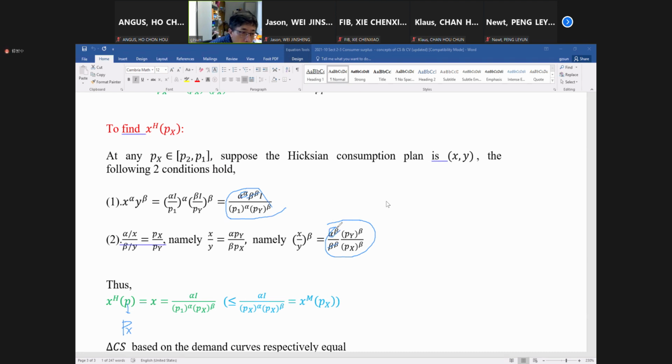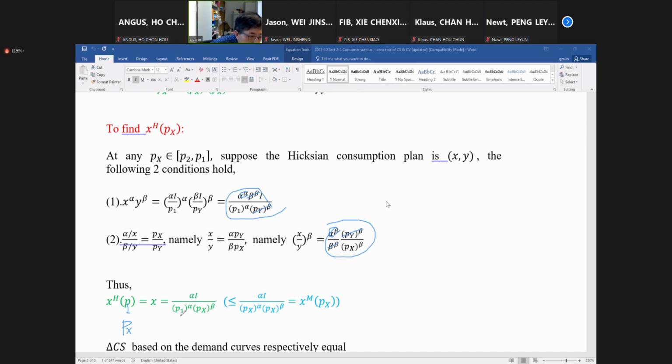And then py to the power of beta, py disappears. What's left? P1 to the power of alpha, px to the power of beta. So the Hicks demand function is not that ugly. It's also okay, equal to the current level of price of goods y and original level of price P1.